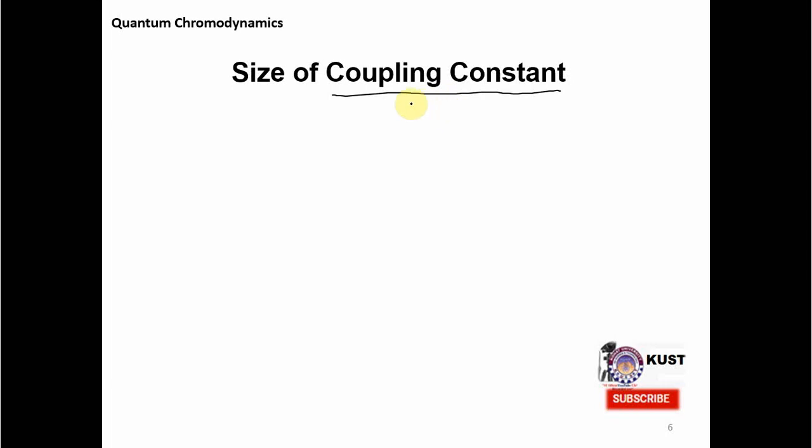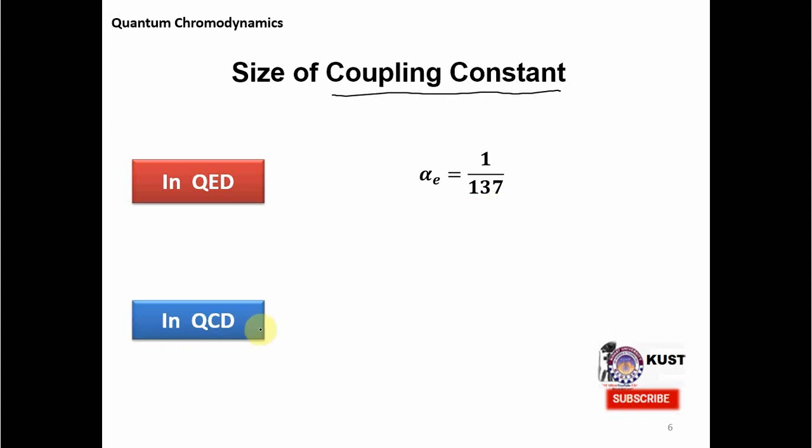So now you can guess that in QED the coupling constant is actually the fine structure constant, and you can see over here that it is 1 over 137, which means that it is very, very small. So in QED the coupling constant is a very small number, but in QCD it is not a small number, actually it's a big number and it is greater than 1.